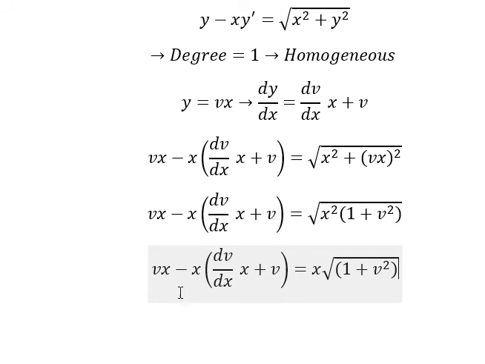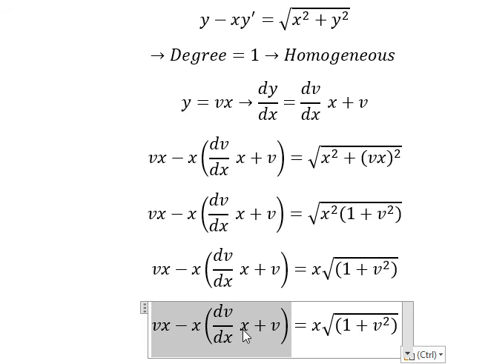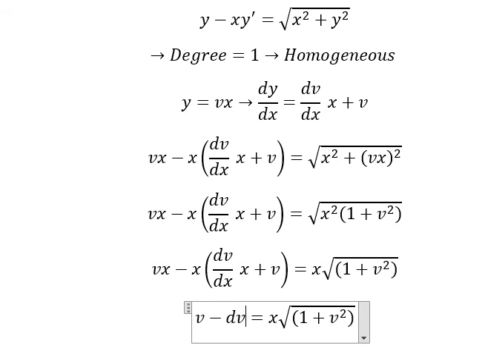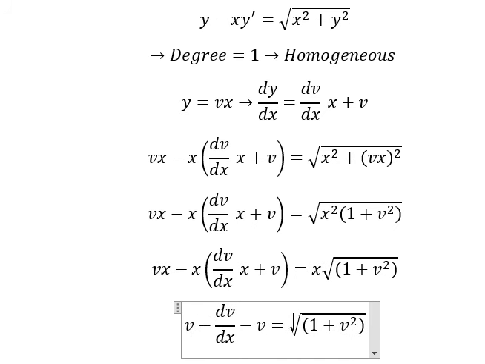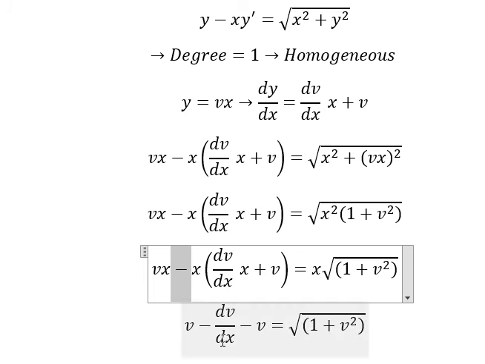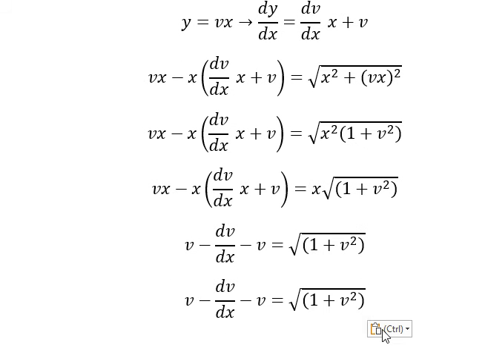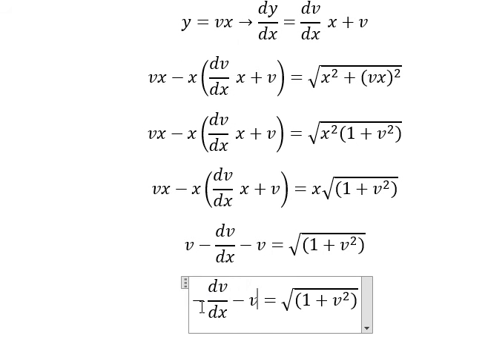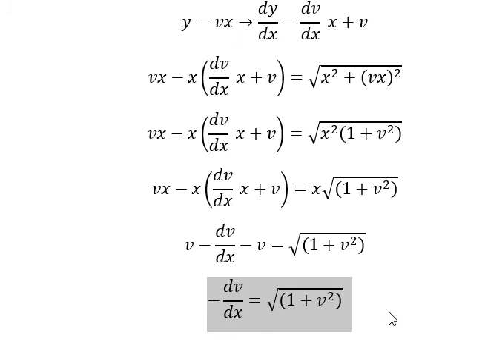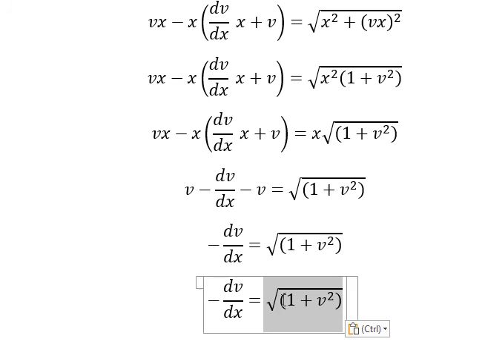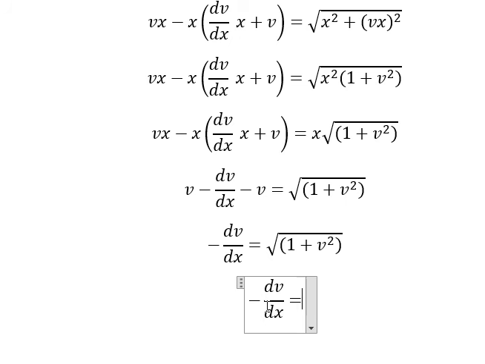Next, we simplify s for the both sides. So, because we have the negative side, so we change the side of this one. So, v minus v, we cancel. Next, this one I will put on the left, the s we put on the right.